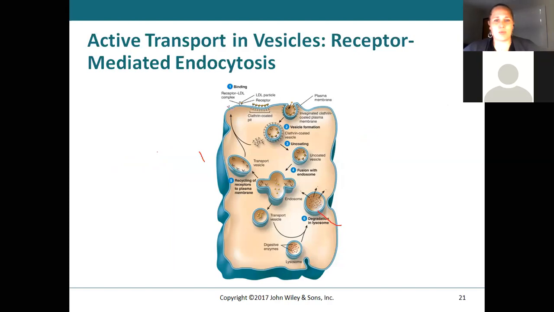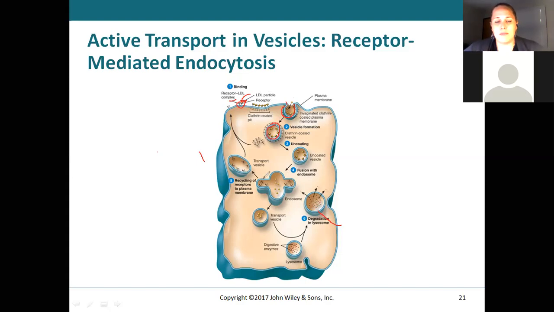Okay, so active transport via vesicles. I drew this very quickly earlier, where you've got a receptor expressed on the surface of the cell, in this case, the LDL receptor, and then you have LDL that's binding to it, and then it slowly gets engulfed into the cell. It gets this little vesicle here that's coated with clathrin. You don't need to know that it's a clathrin coated vesicle. Just know that something binds to a receptor, gets engulfed into the cell, and then a variety of things can happen to it.